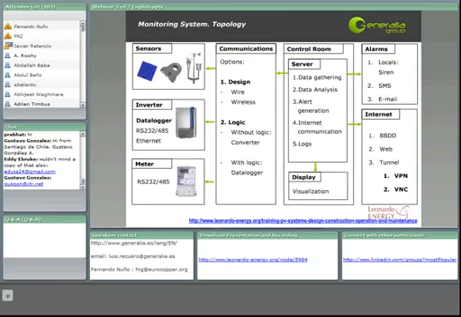Here we have the topology of a monitoring system. So we see the different inputs which might be the sensors, the inverter, and the meter. What we have there is the communication port that is usually used for each of these devices.